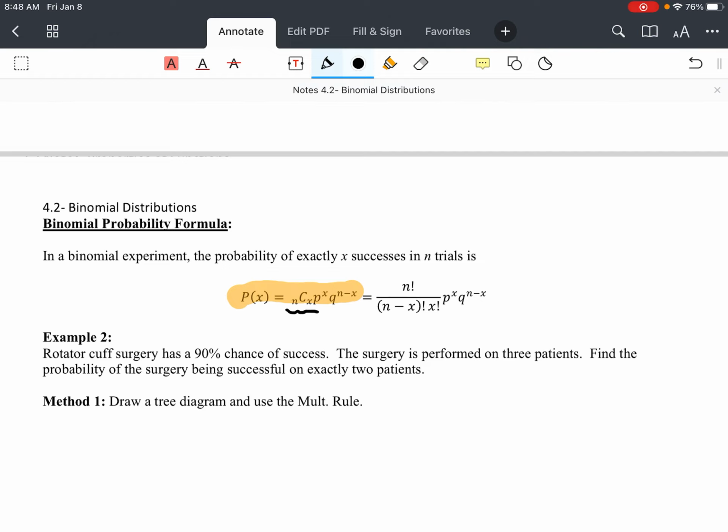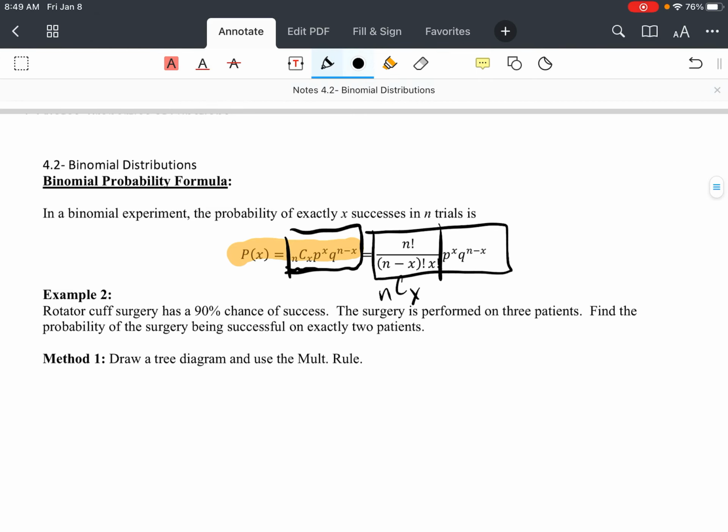So it's saying that we have N number of trials and we're choosing X. Okay, this second part is just kind of an expanded form of it. So remember that this is still nCx. Okay, we just expanded it. Okay, but this is what we're going to have to work on memorizing.